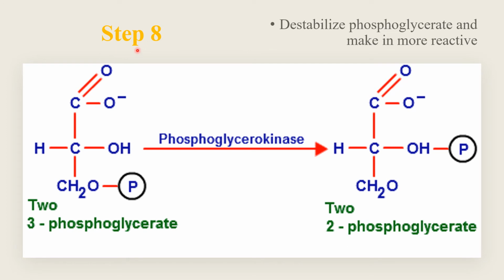In step 8, we basically want to transform the 3-phosphoglycerate into a less stable molecule, 2-phosphoglycerate. So we want to take this one and make it more reactive so that in step 9 it can actually react. So in order to destabilize this molecule here, we want to take this phosphate and bring it closer to this negative charge.